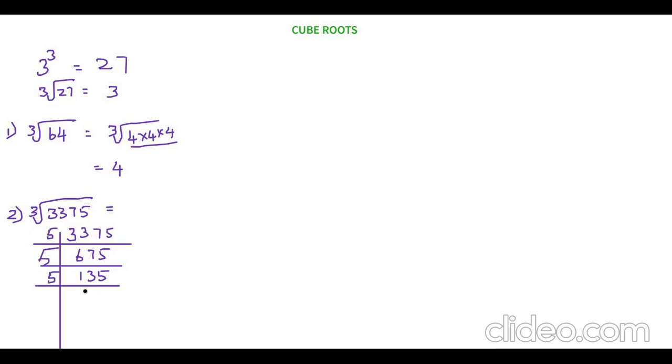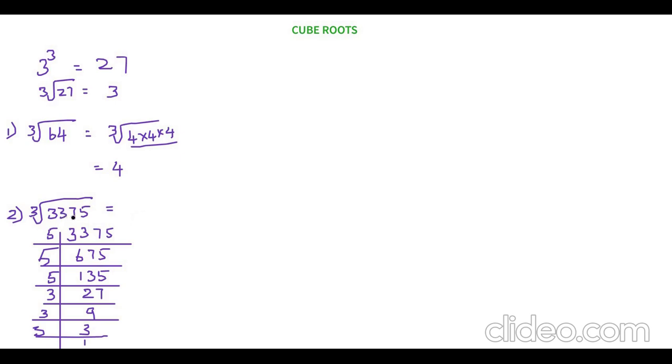So we get it as 27. Now 27 is not divisible by 5, but 27 is divisible by 3. So we can take 3 times 9 is 27, and 9 can be further divisible by 3. So 3 times 3. And 3 can be further divisible by 3, so 3 times 1. So now we have done the prime factorization method.